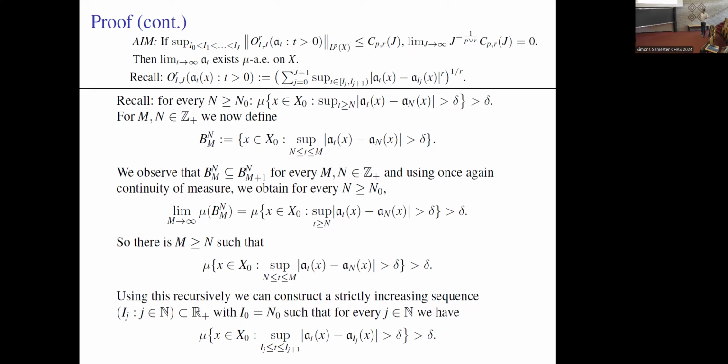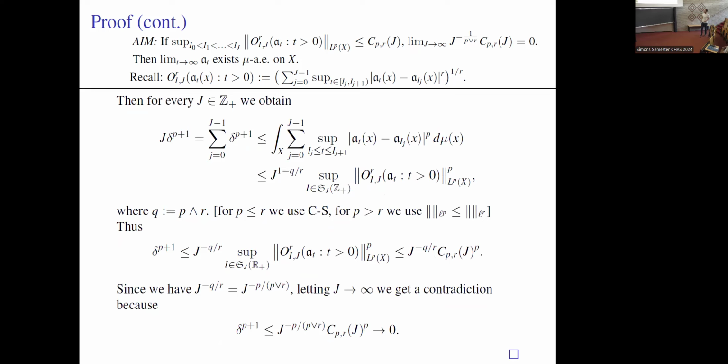So we can put as I0, we can put N0, then we hold some large M, so this might be our I1, and then we can find another very large constant such that we will have a sequence of points such that the measure of the set where this supremum is greater than delta is greater than delta. Okay.